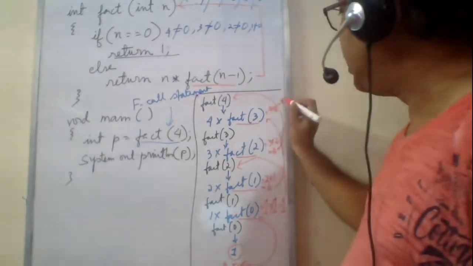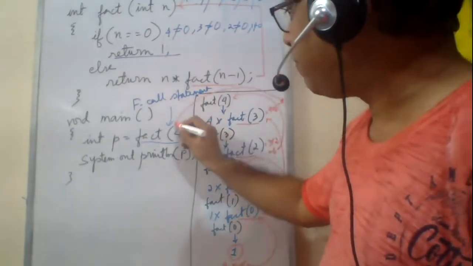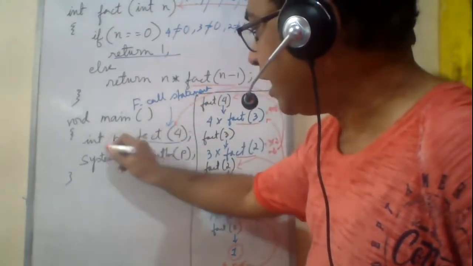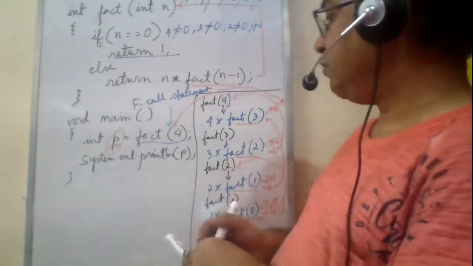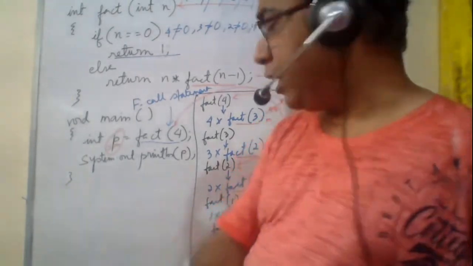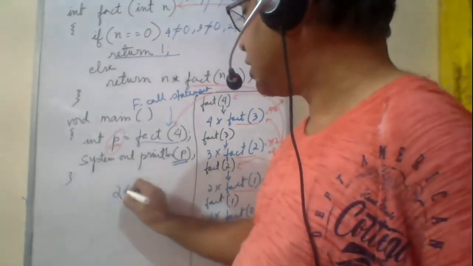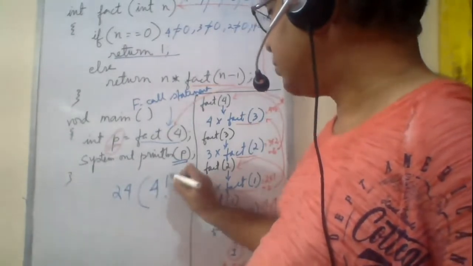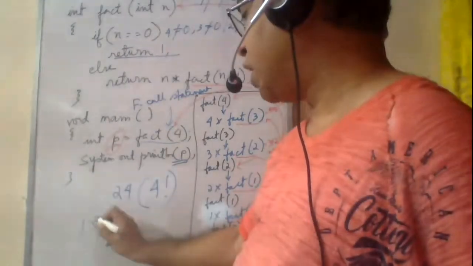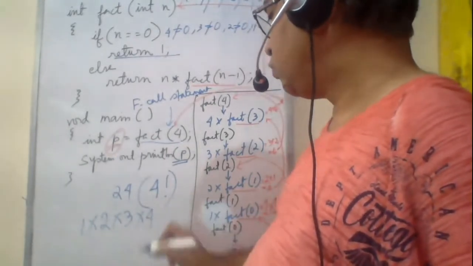Now finally this 24 will be passed to the variable p. So finally we'll get the output, printing p as 24. What is this? 24 is nothing but 4's factorial, that is 1 into 2 into 3 into 4.